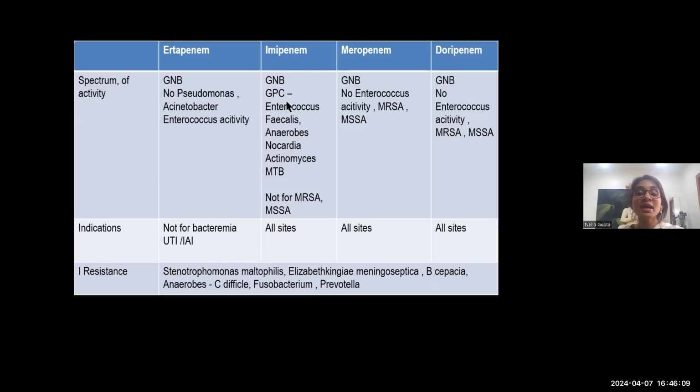Imipenem has activity against Enterococcus faecalis because it can bind to PBP3. And of course, ertapenem is mainly indicated for UTI and intra-abdominal infections, not for bacteremia, whereas imipenem, meropenem, and doripenem can be used for all sites.